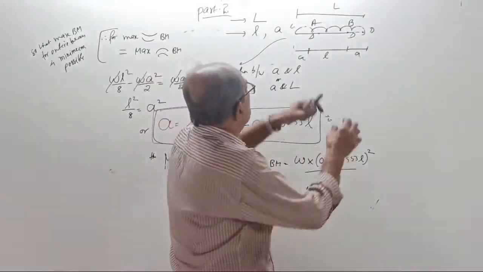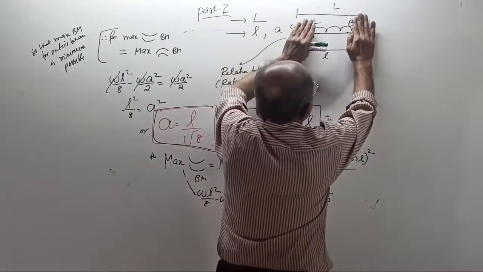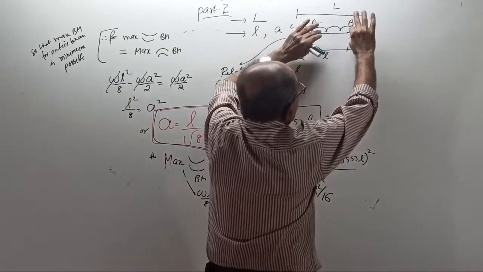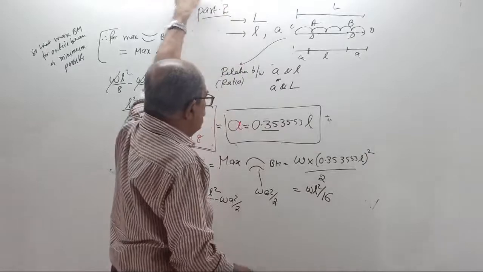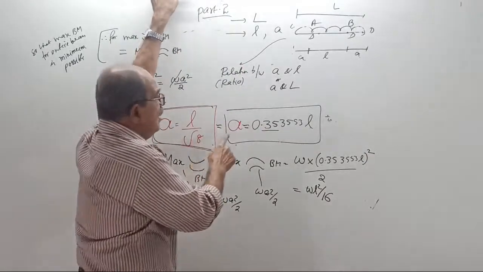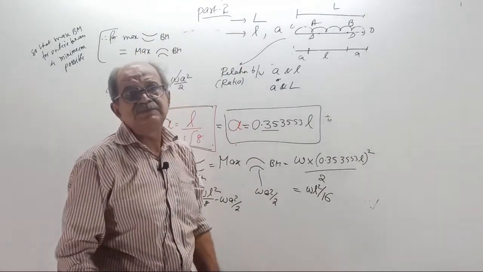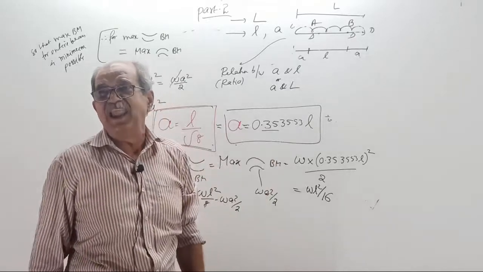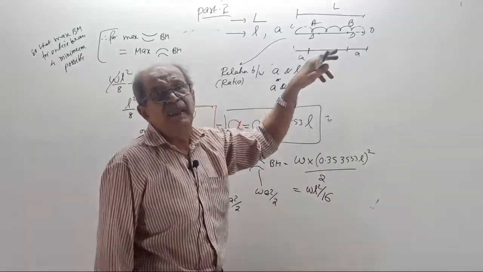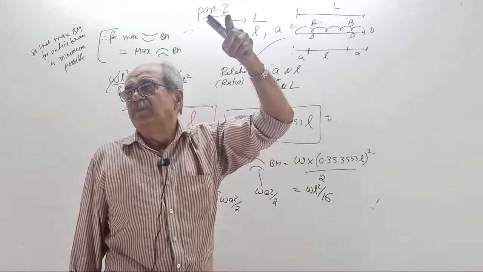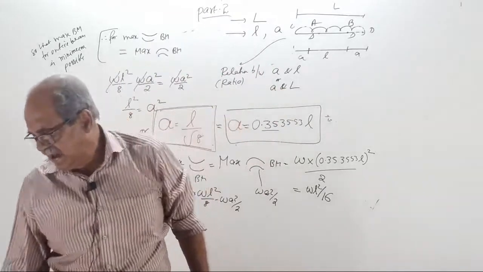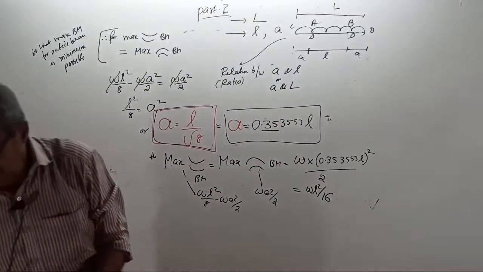So, if this BM is WL square by 8, by providing overhang equal to L by root 8, or 0.3535 L, you can reduce the BM to WL square by 16. Clear now?